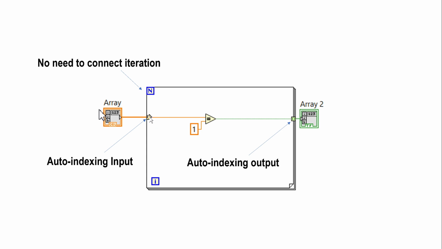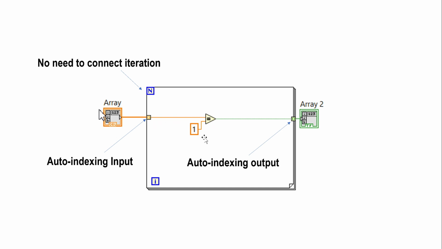So this is auto-indexing input. By default, if you transfer any data type through the for loop, this tunnel will be auto-enabled, which means whenever this for loop iterates, the value from this tunnel is each element from the array.